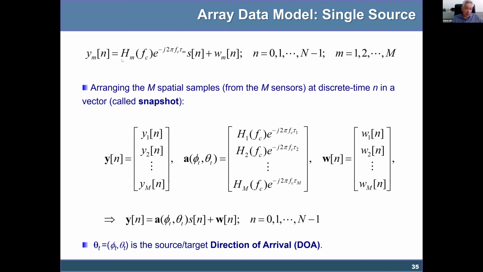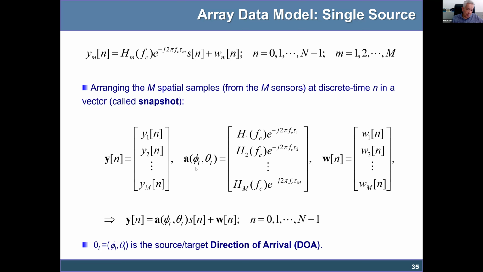And so what remains is this term here calculated for m equal to 1, m equal to 2, and so on, up to capital M. Now, the elements of this vector that I call A depend on the delays, but the value of the delays, as you will see, depends on the direction of arrival. So in other words, this vector depends on the direction of arrival of the target, of the source.